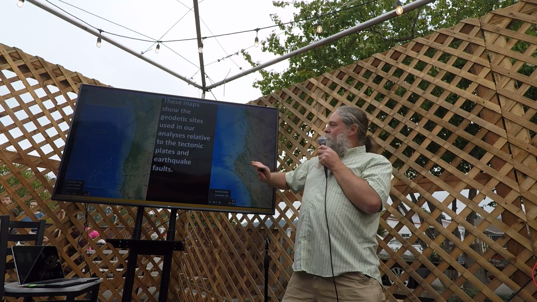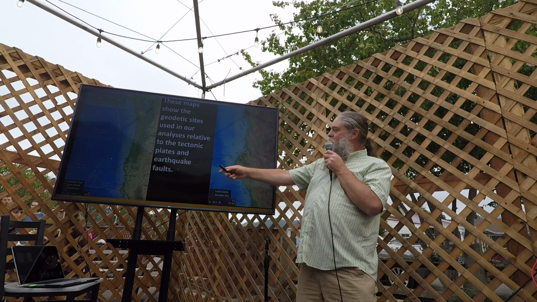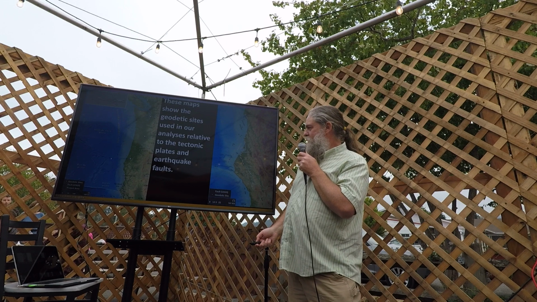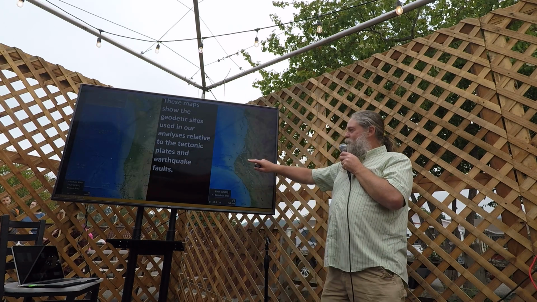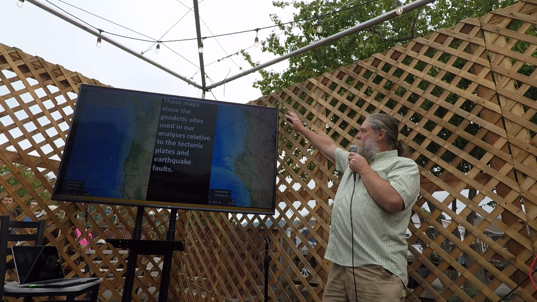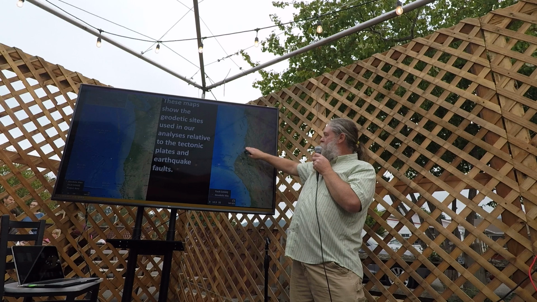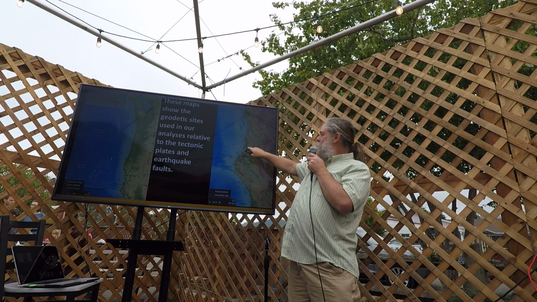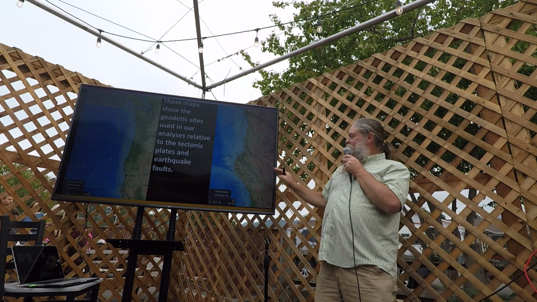All right, so once again, here we have the subduction zone and zoomed in. So zoomed in to where we are, Humboldt and Del Norte counties, Crescent City, Eureka, Mad River Brewery. It's right there. I should have put that on the map.